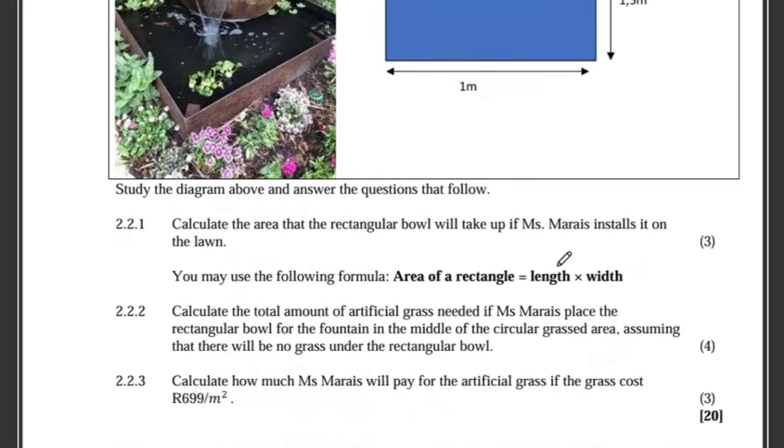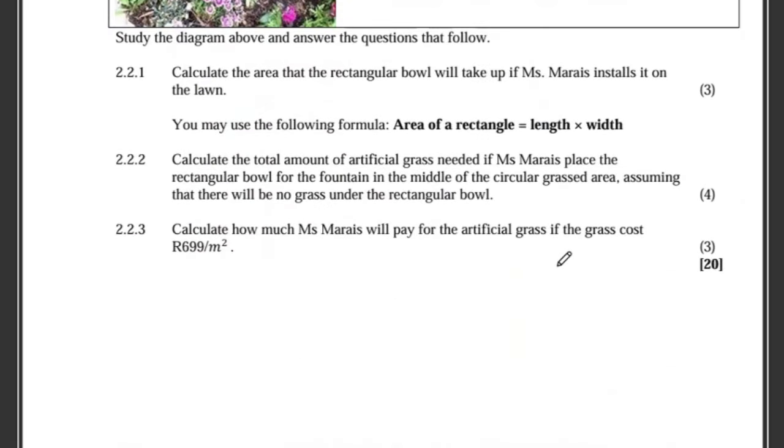Then they are asking us, calculate the area that the rectangular bowl will take up if Mrs. Maris installs it on the lawn. So they have given us a formula here, which is L times width. And remember, our L is 1,5 times the width, which is 1. So the area will become 1,5 meters what? Squared. That's the area of the rectangular bowl.